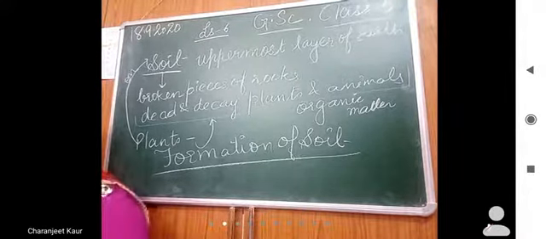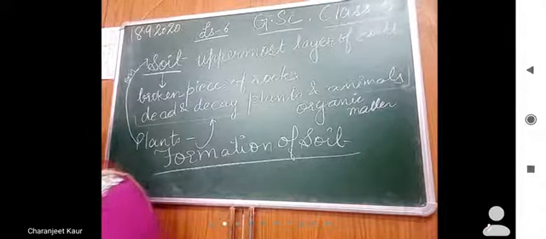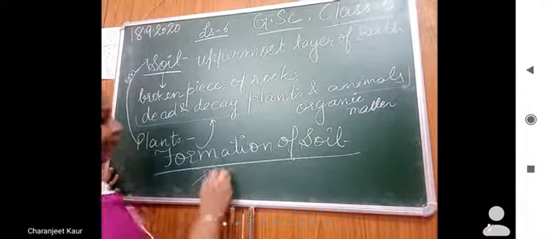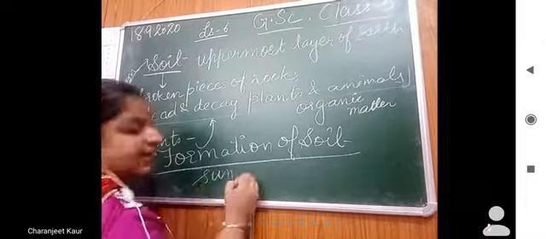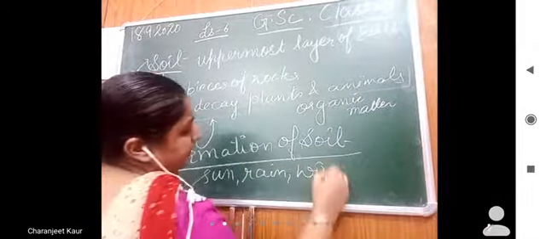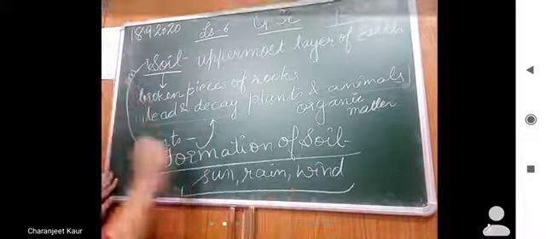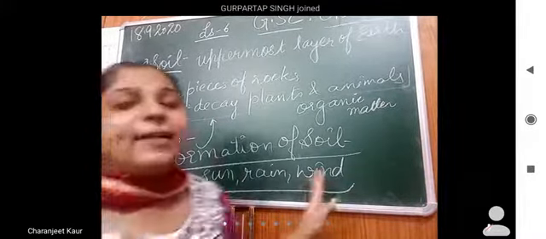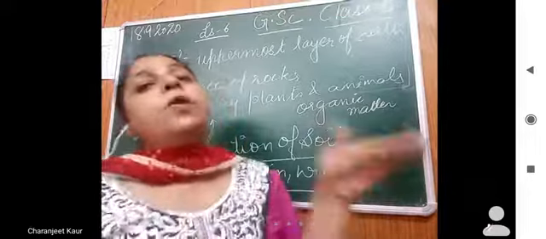So किस चीज से ये break करते हैं? Sun की heat से, rain के water से and wind से. These are the 3 agents which break down the rocks into pieces.